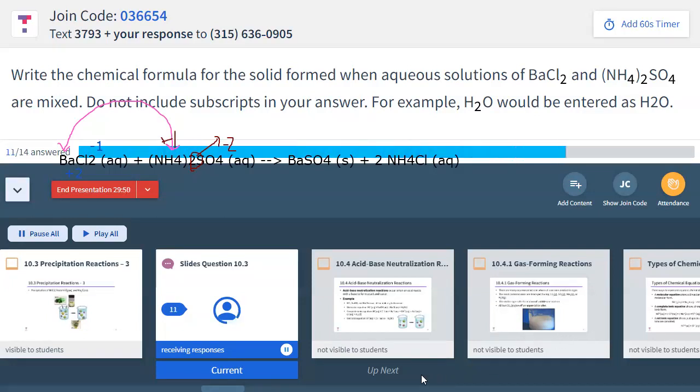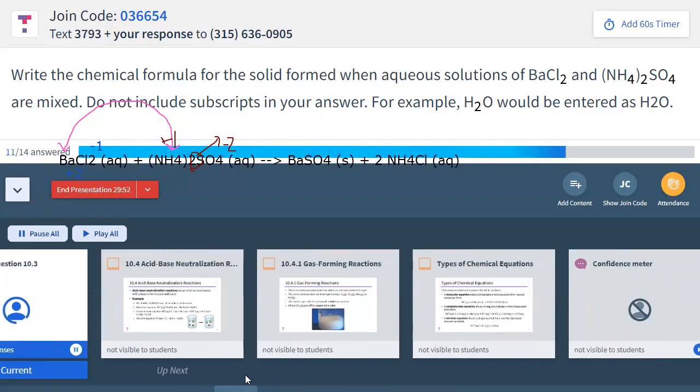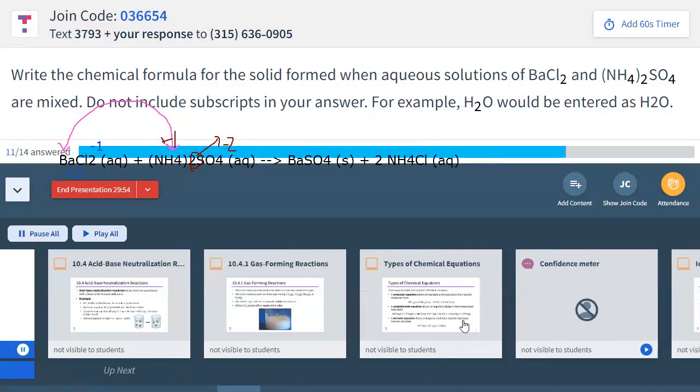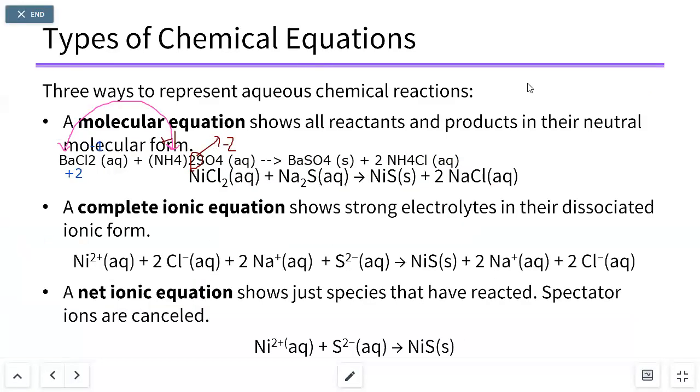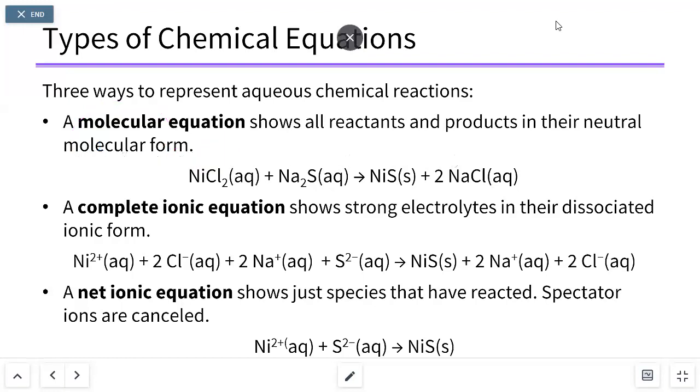Where we're going on Monday is we're going to take a look at the idea that the way that we've been drawing out these chemical equations thus far hasn't been a truly accurate picture of what's actually going on in those solutions.